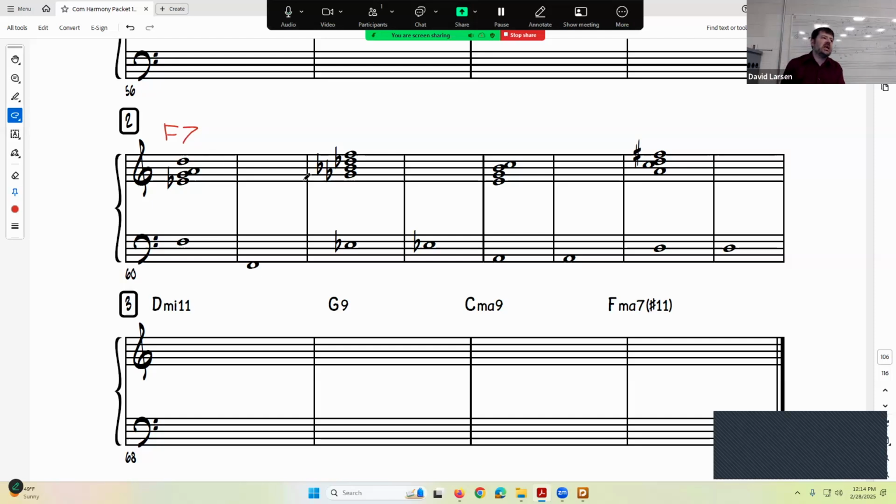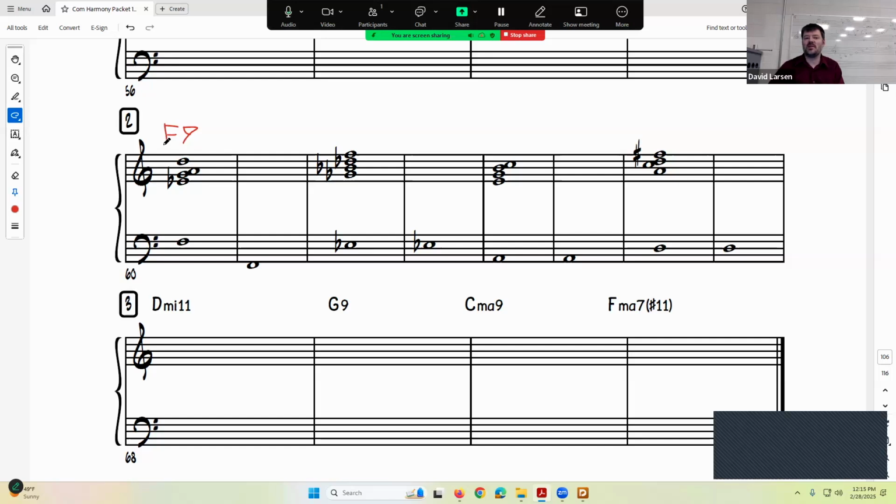G, what is G in relation to F? Right, and we call it 9 because there's a 7 in the chord. Because if there wasn't a 7, we'd call it 2. But what kind of chord is this?